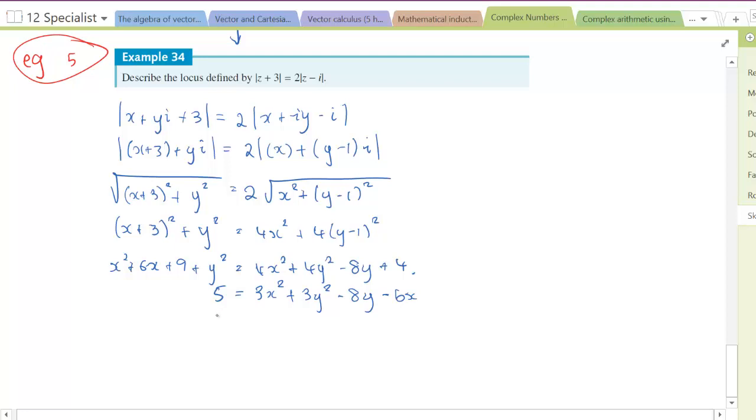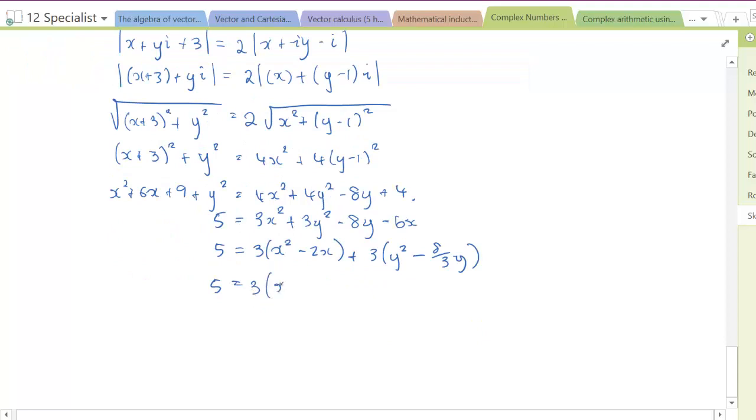Now I'm hoping that you can realize that this ends up being a circular function. The x squared and y squared are equivalent there. So we have 5 equals 3 lots of x squared take 2x, and 3 lots of y squared take 8 on 3y.